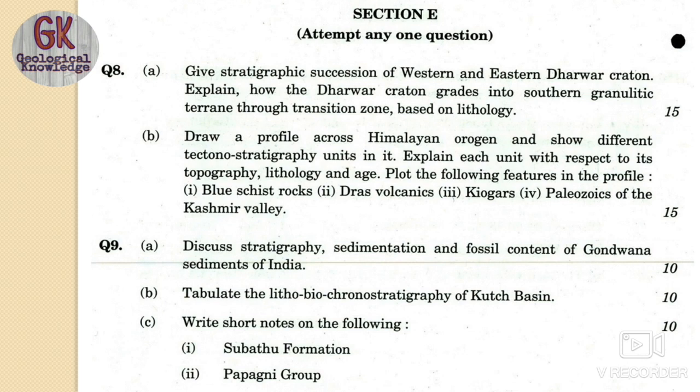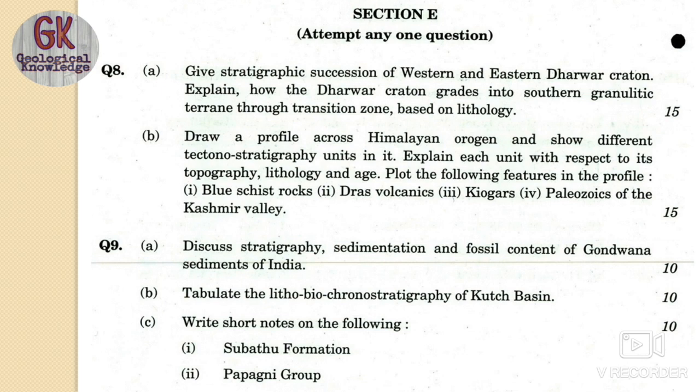And four features you have to draw in the profile: the blueschist rocks, Dras volcanics, Kyogers and the Paleozoic of Kashmir Valley. So it's again a quite long topic.